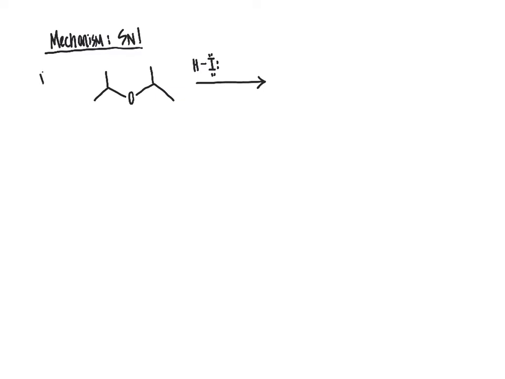And the first step of this mechanism, anytime we have a relatively strong acid reacting with an organic molecule, look for protonation as the first step. We're looking for a site that we can protonate within the organic molecule. Specifically, that oxygen atom with its lone pair of electrons is a great place that can come over, attack the proton of HI, and force the bond between hydrogen and iodine to break.